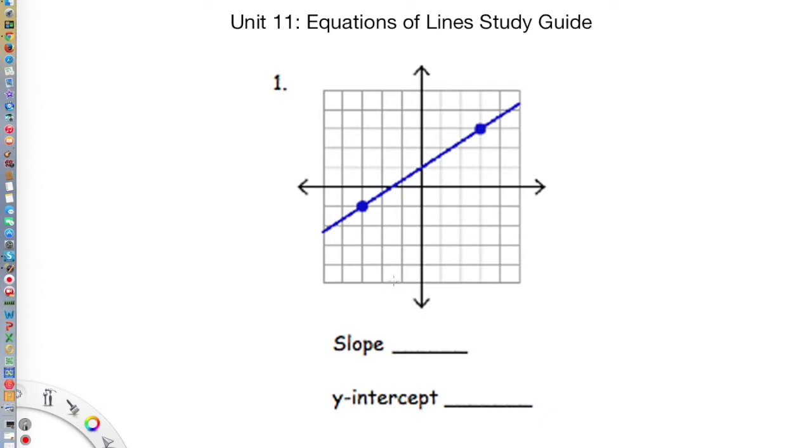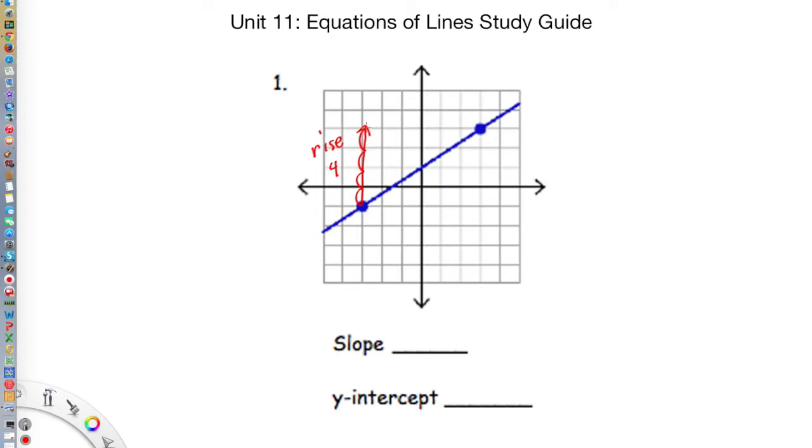Okay, we need to find the slope and the y-intercept of this line. When I take a look at this line, I read the line left to right just like I would a sentence. I can tell right off the bat it's increasing, so it's going to be a positive slope. I go from this point up. My rise first is 1, 2, 3, 4. So I'm going up. My rise is 4.